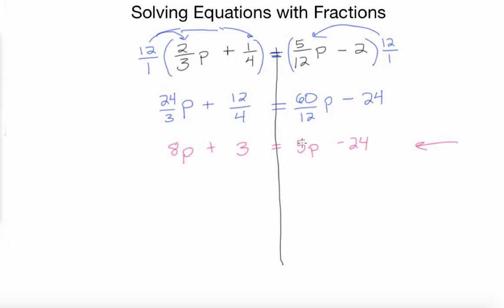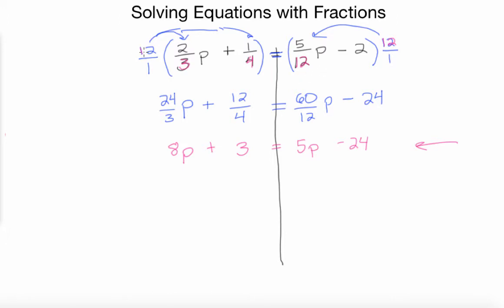And how did we get there? Well, we had a denominator of 3, a denominator of 4, and a denominator of 12. So if that's my fractions, and you think of fractions as division, multiplying everything by 12 is going to undo all the fractions because 3, 4, and 12 all divide evenly into 12.